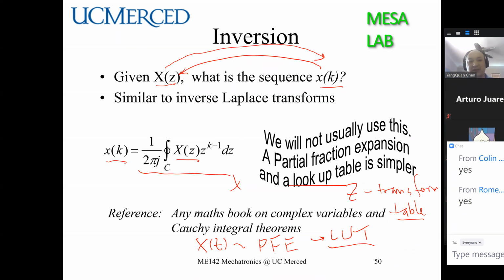Remember, we can use a lookup table. So using partial fraction expansion, you will get xz, look up at the table, and you will get the xk. We're going to practice in the homework of this week. This is the second to last homework. Then we have another sensor actuator homework. Then that's all.